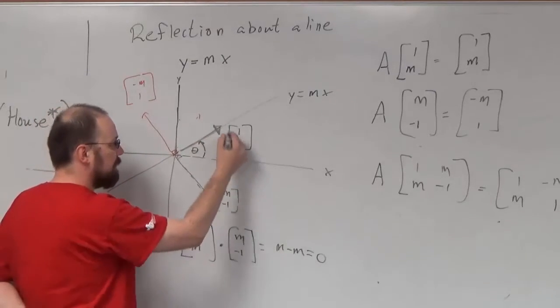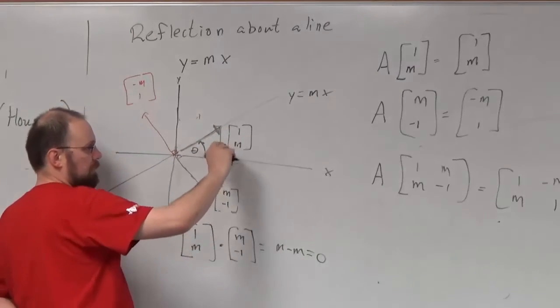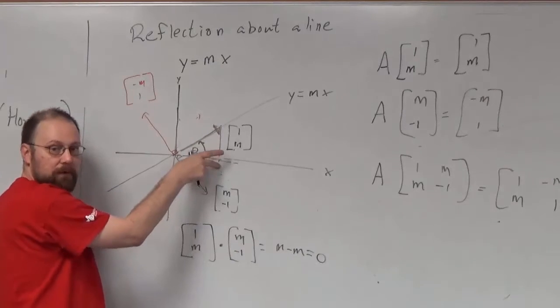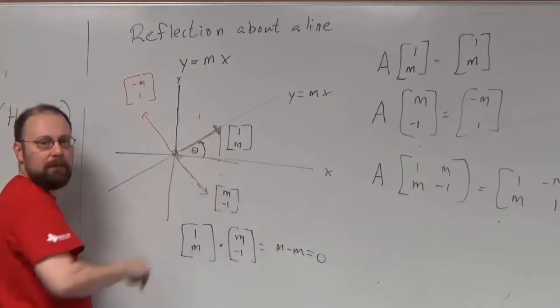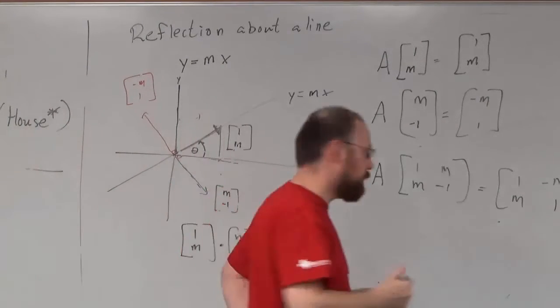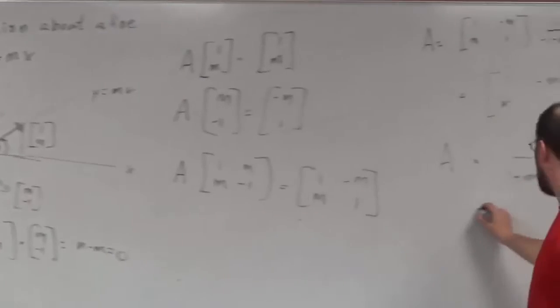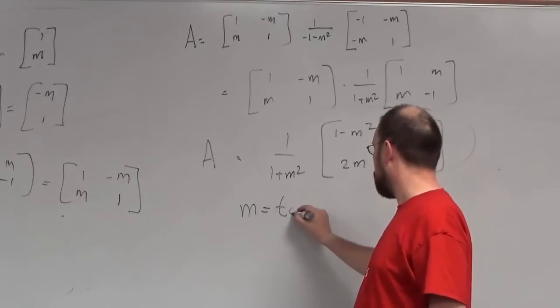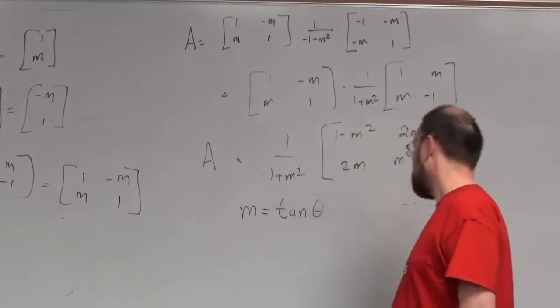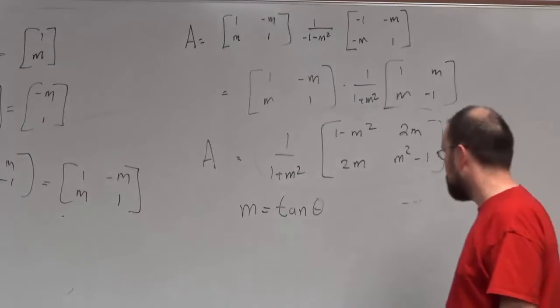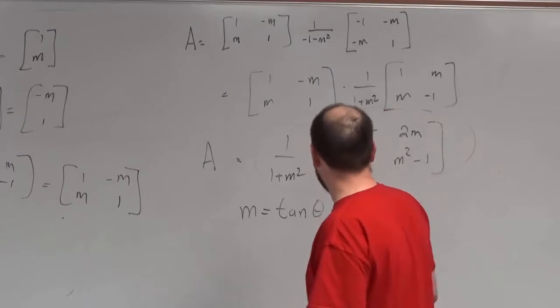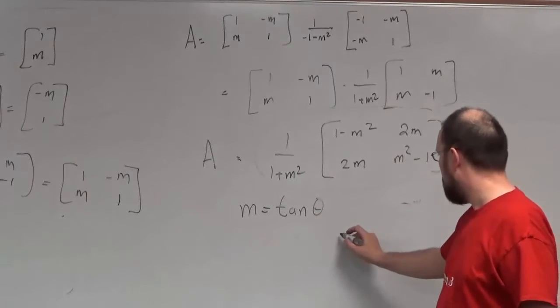Well, I believe tangent of theta is m divided by 1, right? So m equals tangent of theta. I mean, tangent theta is the slope of our line through the origin. So if you replace that, let's see, what will this become?